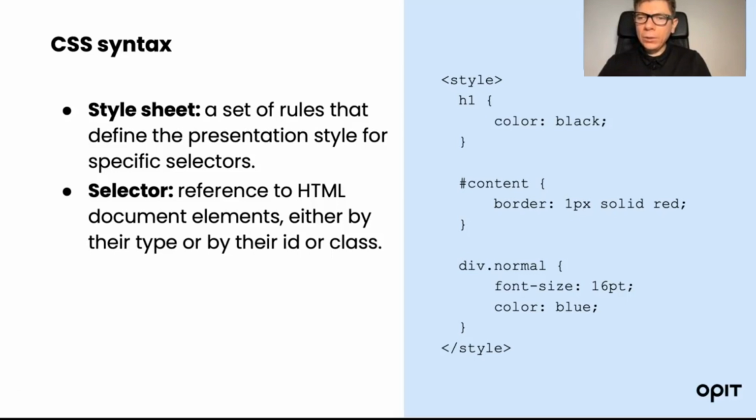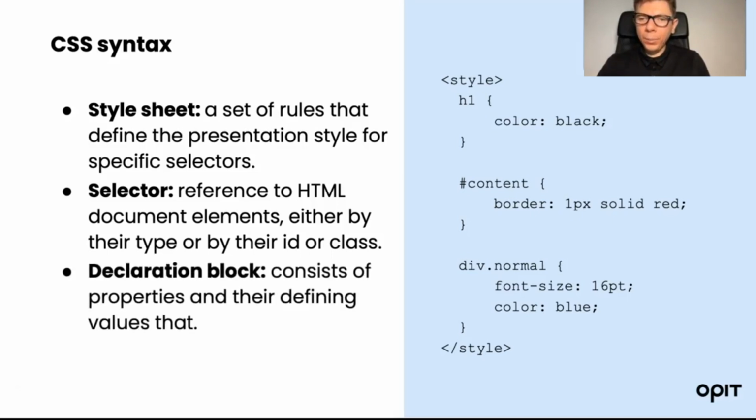So you see here three selectors: h1, then hash content, and then div.normal. These are three ways of referencing elements within an HTML document, and by referencing them, we may then specify their properties.